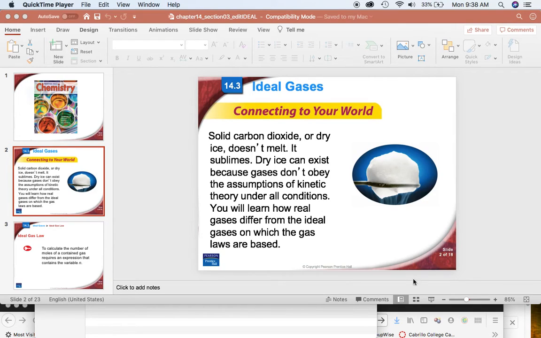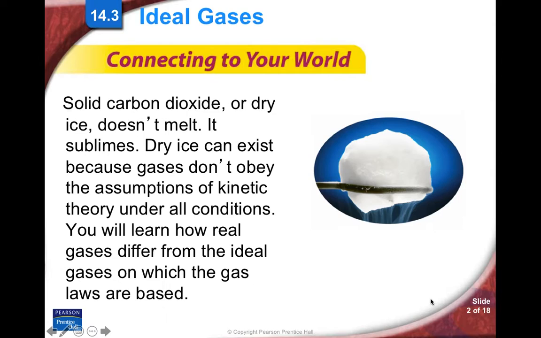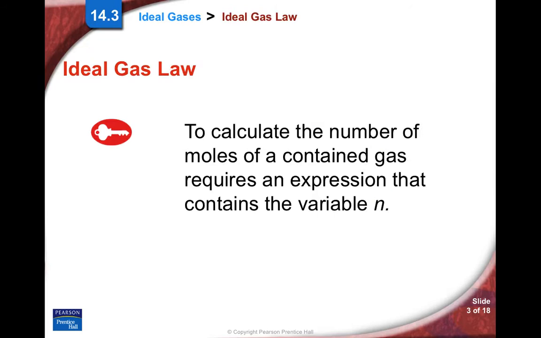Ideal gases. So this is actually going to be the actual gas law that is most useful. Takes everything into account for one particular gas. This is a chunk of dry ice, which of course is carbon dioxide in its solid state, subliming, and we're going to talk about more gases.